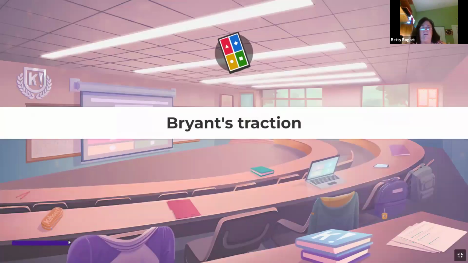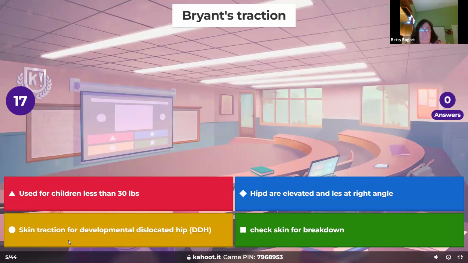Another multi. Bryant's traction. Which one is that used for?